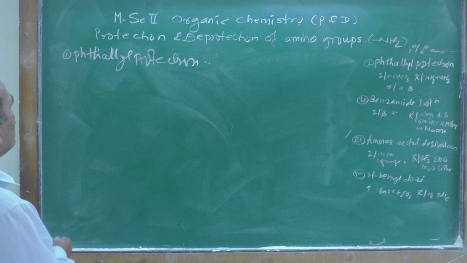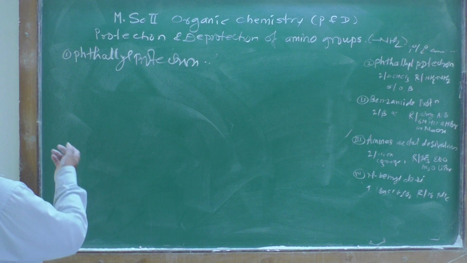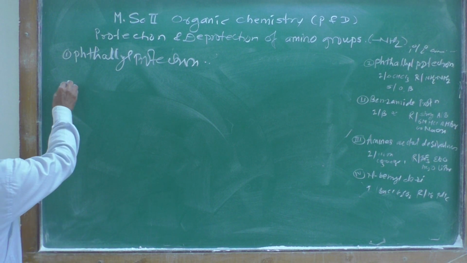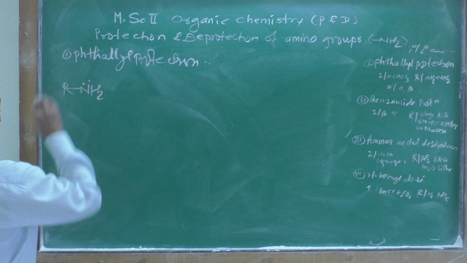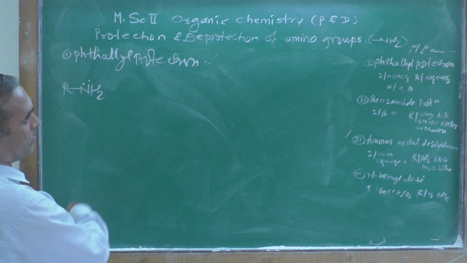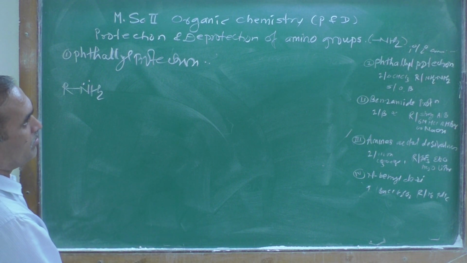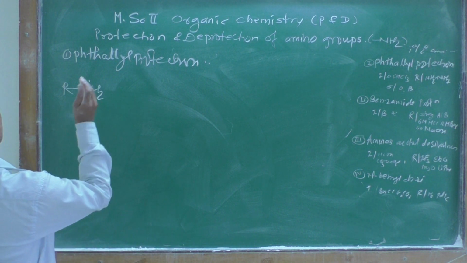Now in this phthalate protection, suppose we have a starting compound which is a primary amine, and that primary amine will be treated with phthalic anhydride.